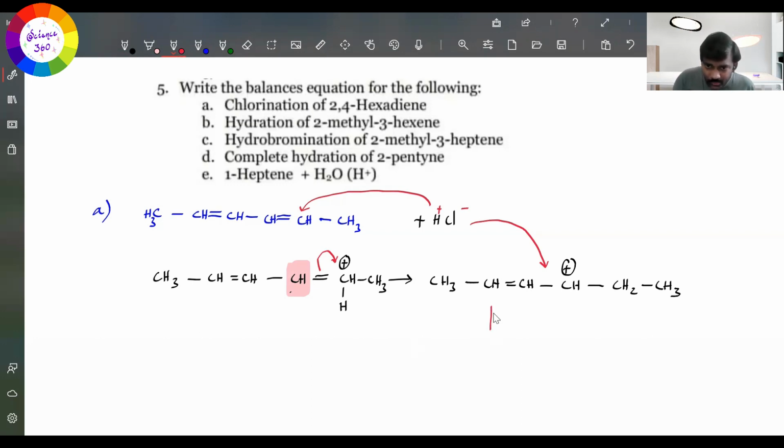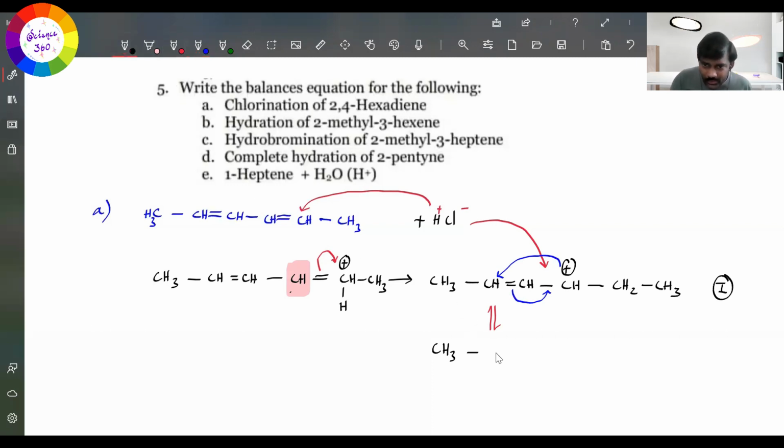So this compound can undergo a shift. Let us say this is intermediate number 1. Next, a shifting of positive charge. That means this pi bond is moving towards this positive charge, and the positive charge will go to this carbon here, because we are removing the pi bond from there.